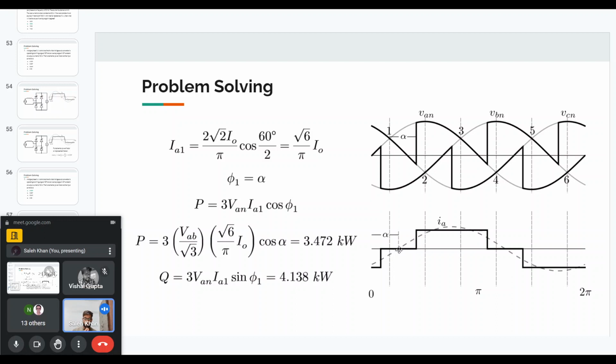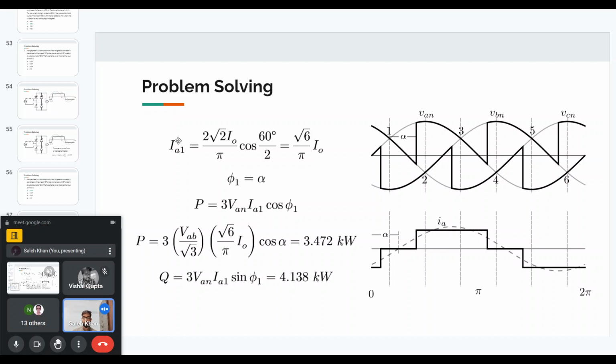So it is actually from the zero crossing to where the quasi square wave turns on. So this angle is 60 degrees divided by 2, and then you will get a current of root 6 by pi into the output current. And as I mentioned, the angle between the fundamentals of voltage and current is alpha.